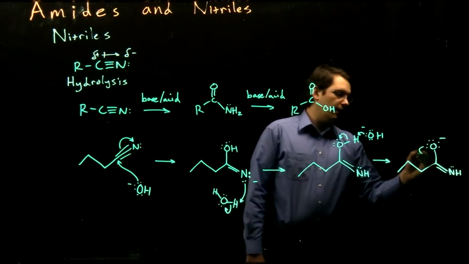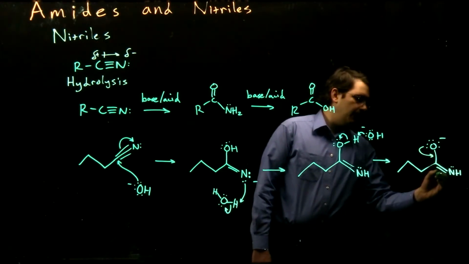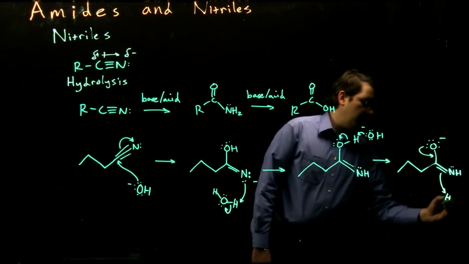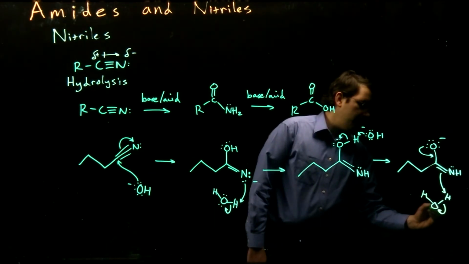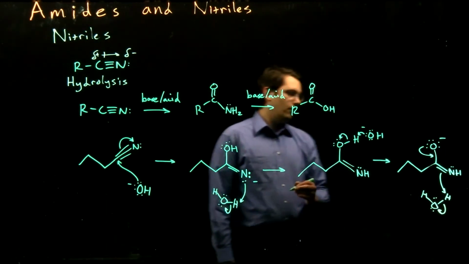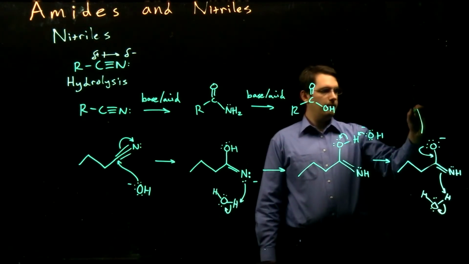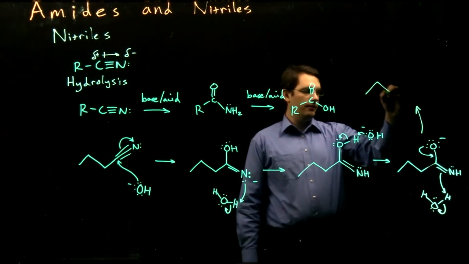And so then we'll bring our electrons down to make the double bond and pull another proton from our water in order to get our second proton on our amide here.